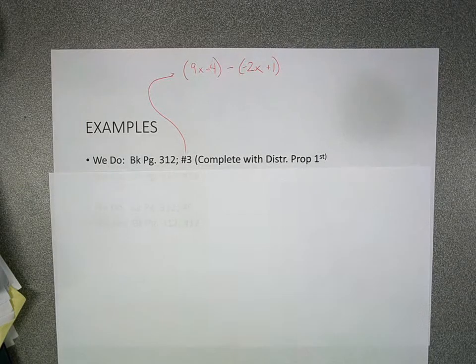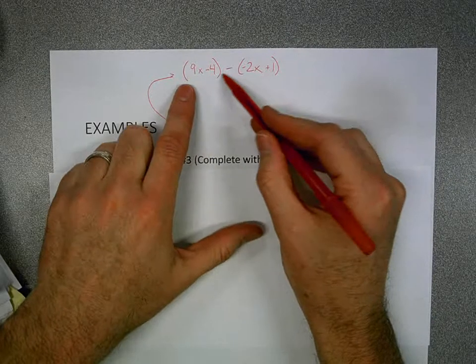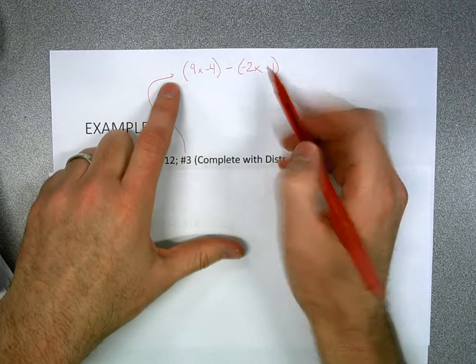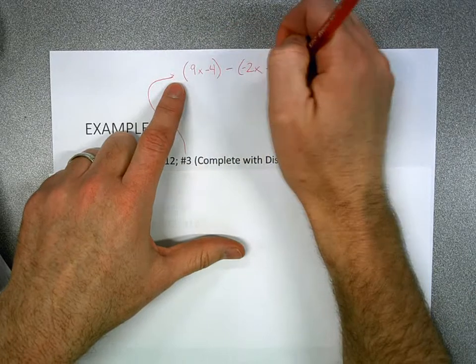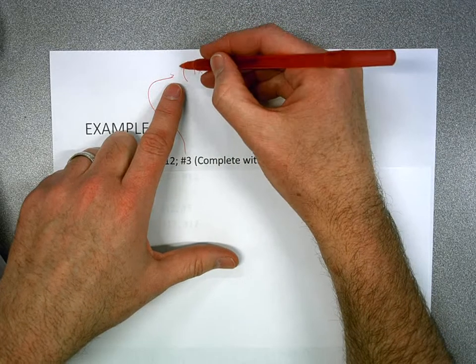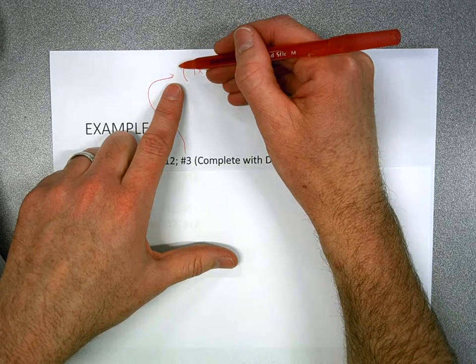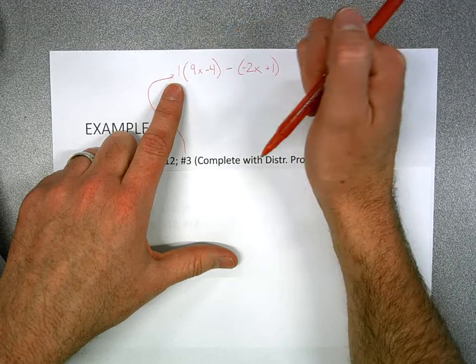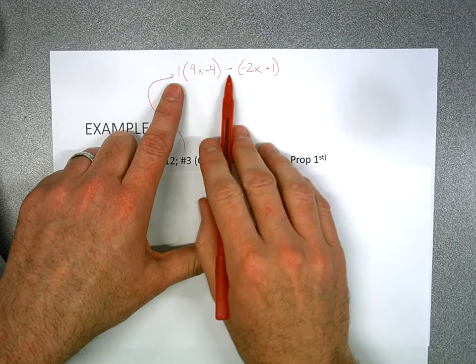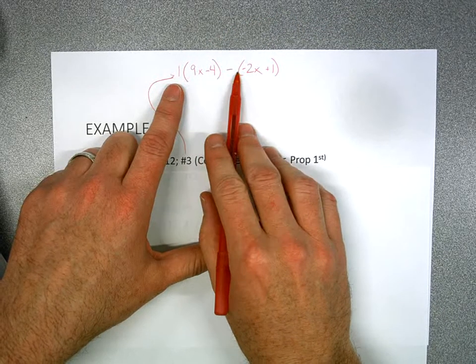Now, like the lesson was saying yesterday, if you look at both of these, what's really missing is almost like a 1 in front of them. Yesterday, this was a positive, so it ended up being positive 1.